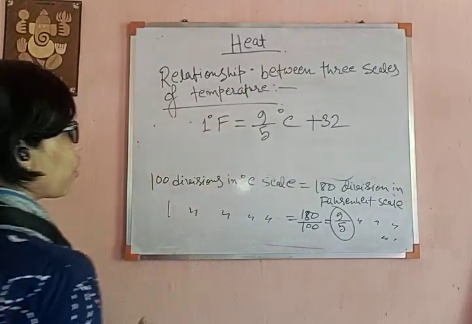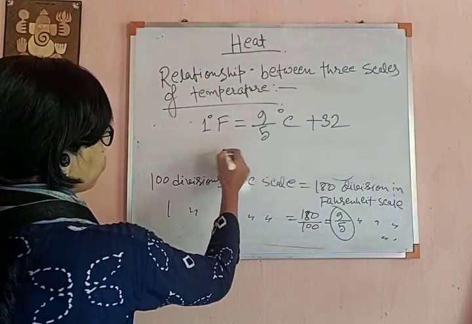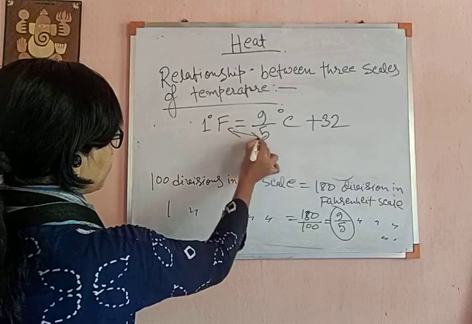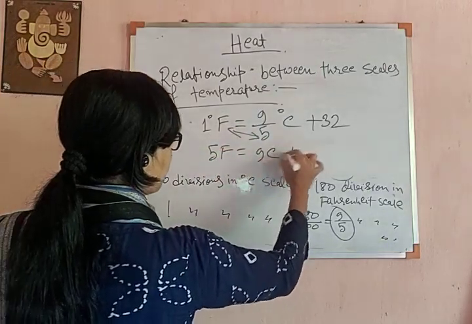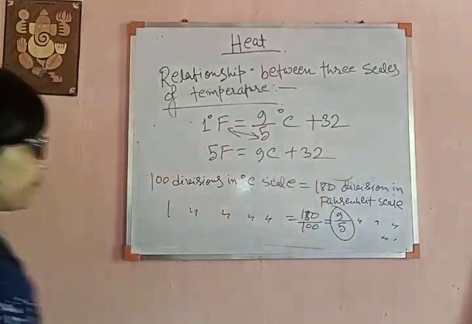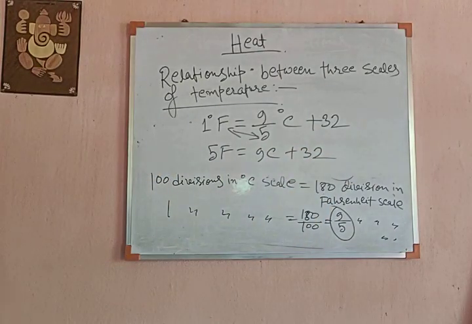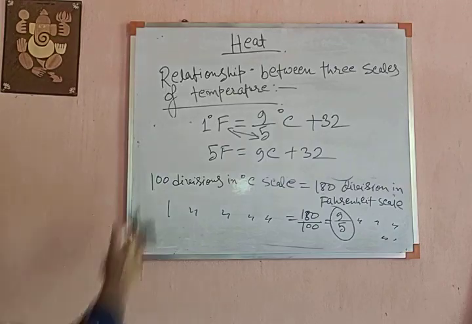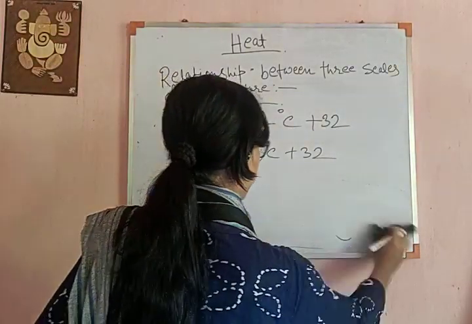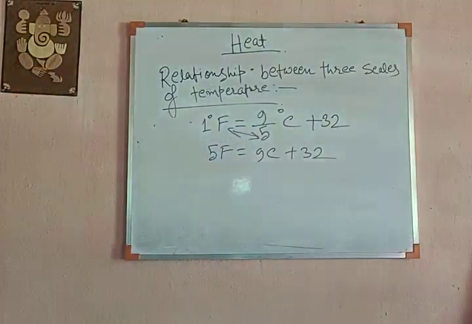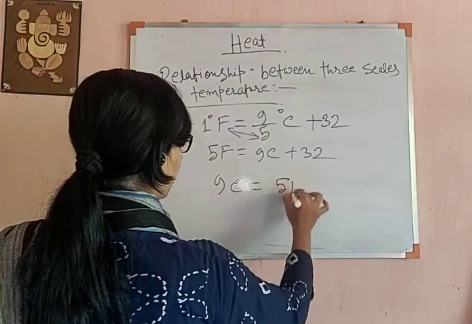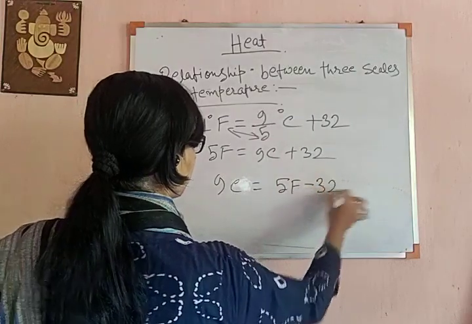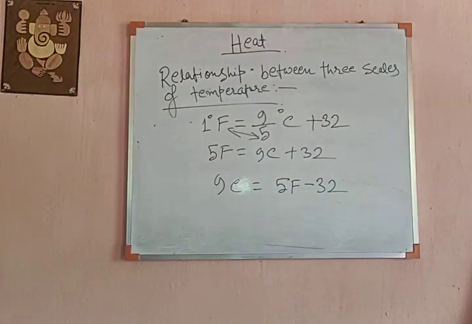Now you just cross multiply. So cross multiply 5F equal to 9C plus 32. Next is 9C equal to 5F minus 32.